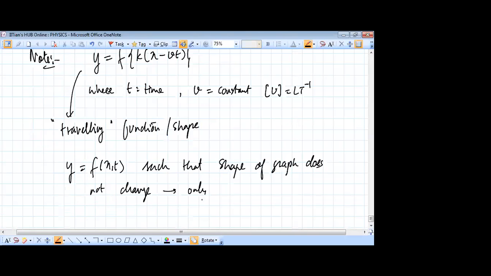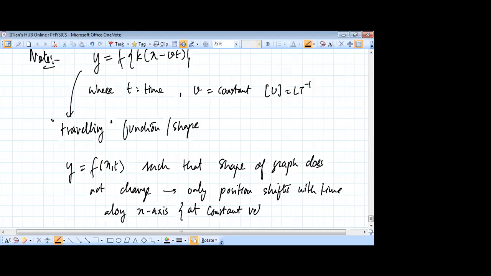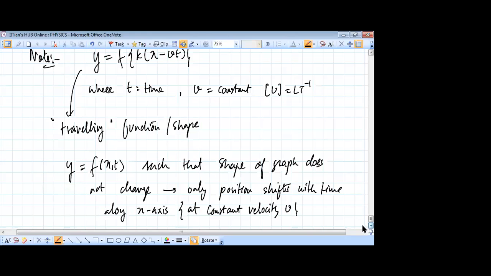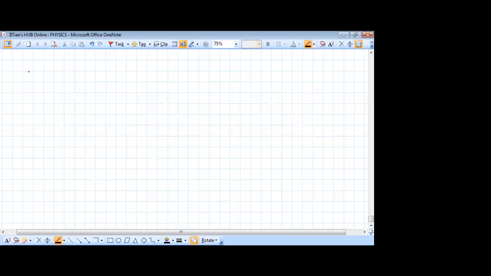Only the position shifts with time along the x-axis at a constant velocity v. Because you can understand this by transformation.